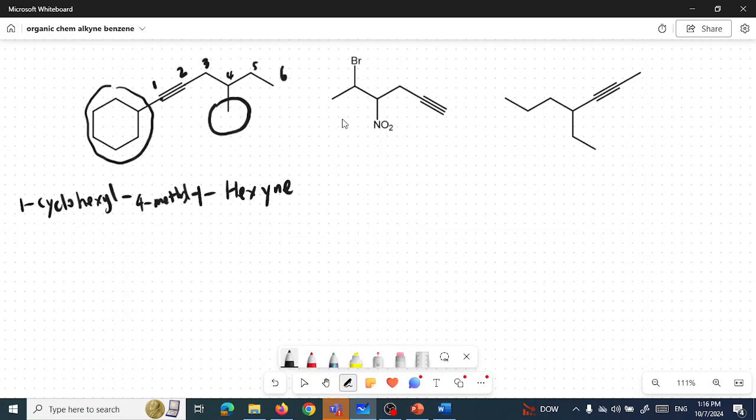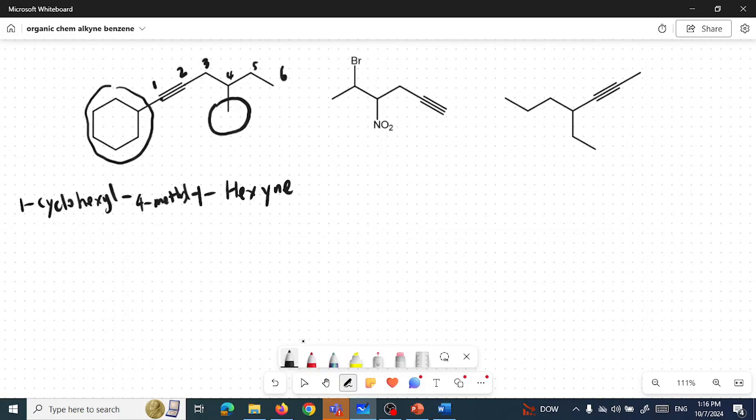Next one. The longest carbon chain that includes the triple bond will be this one. Now, both nitro group and the bromine groups are always going to be substituents. They are never going to be functional groups.